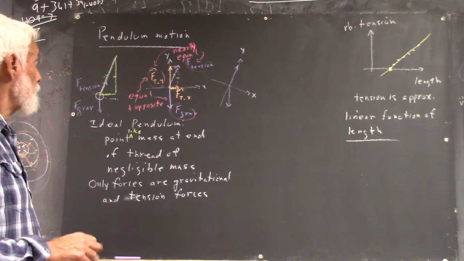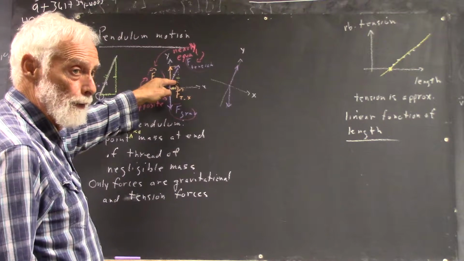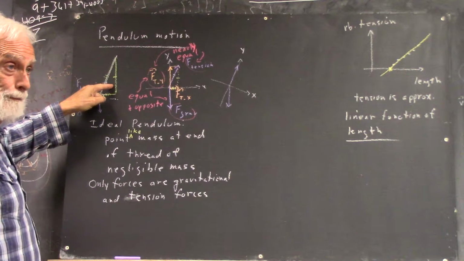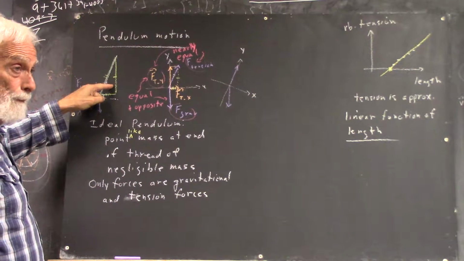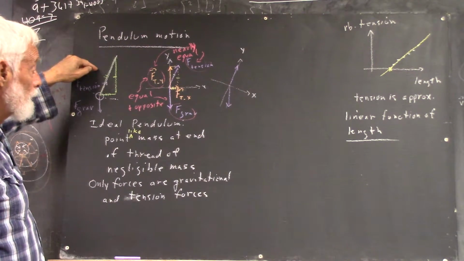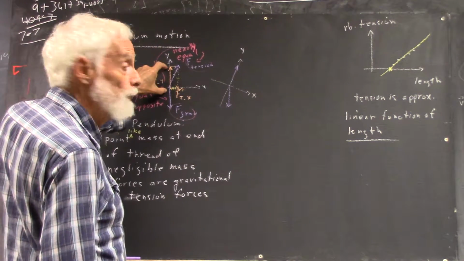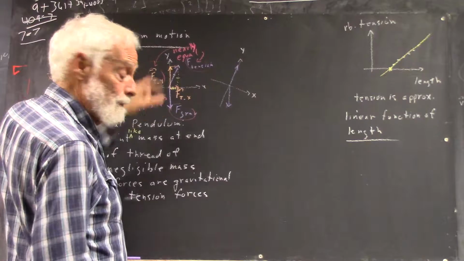Okay? In other words, the sides of this are in the same proportion to one another as the sides of this. Okay? So whatever the ratio of this is to this is in the same relationship, or in the same ratio, to this. Okay?